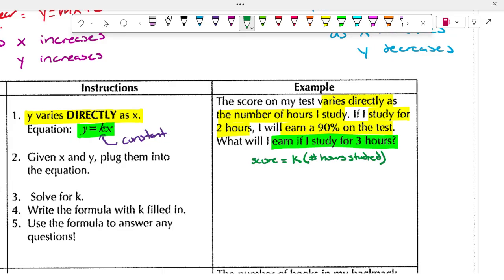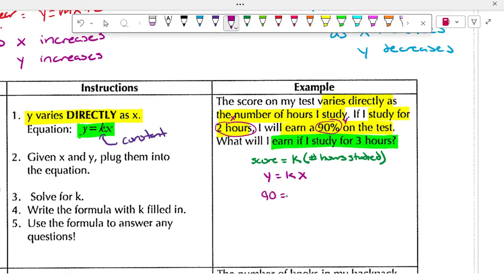In other words, your score is your y value, k is your constant, x is your study time. The 90% and the 2 hours are my y and x respectively that go together. We're going to use those two to solve for k because we need it to answer the actual question.